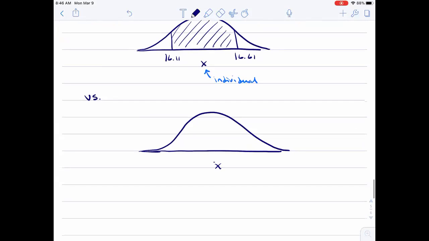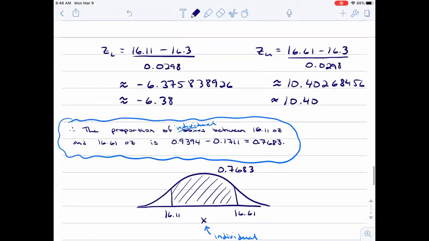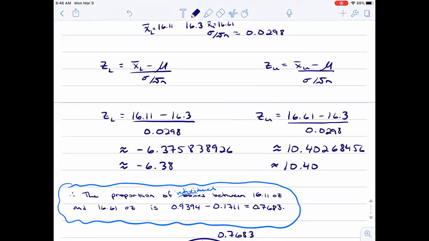So now I've got X bar. So now I've got a mean. Well, X bar says that 16.11 is negative 6.38 standard deviations below the mean.